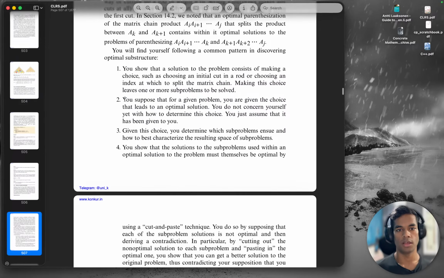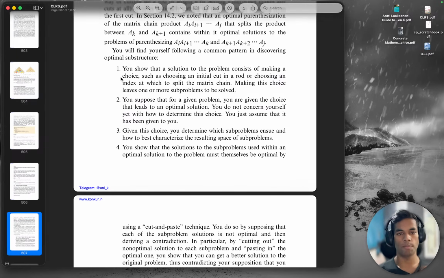You suppose that for a given problem, you are given the choice that leads to an optimal solution. Yes, among all the choices that are present, one of them has to result in an optimal solution. That is true. You do not concern yourself yet with how to determine this choice. You just assume that it has been given to you. That makes sense.